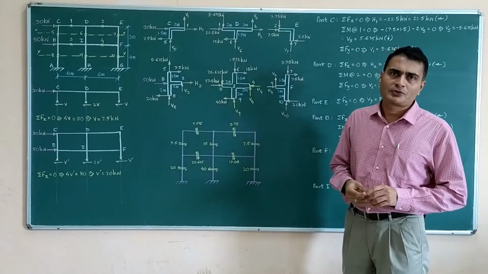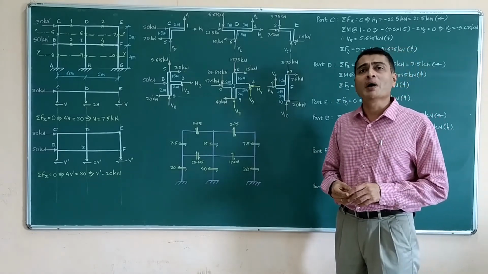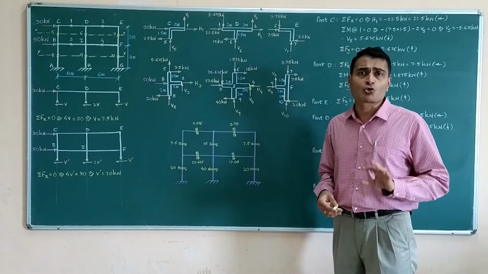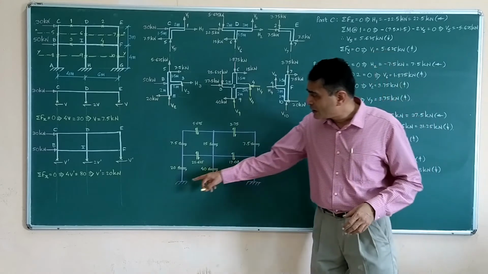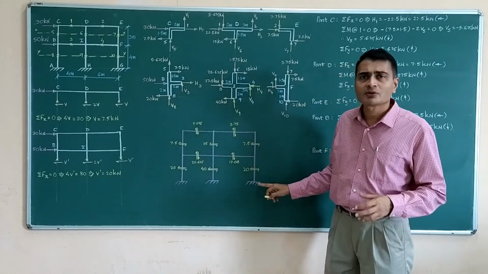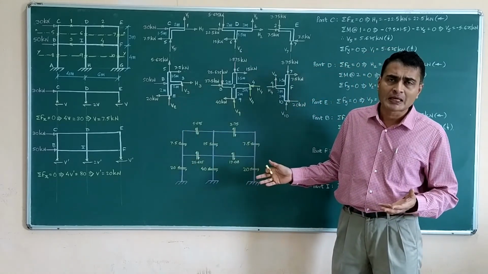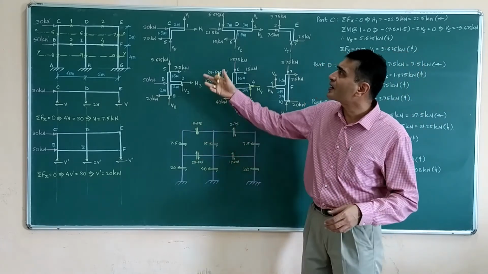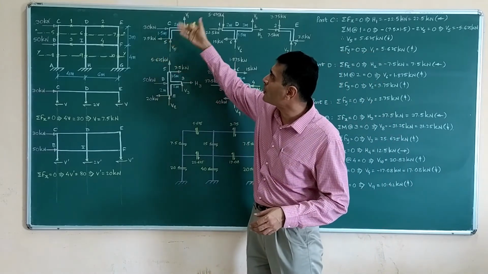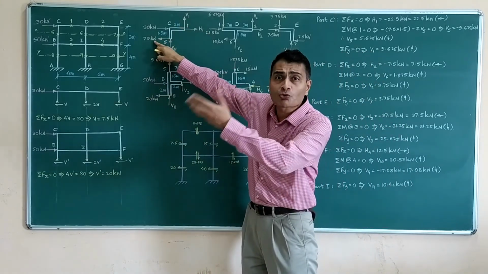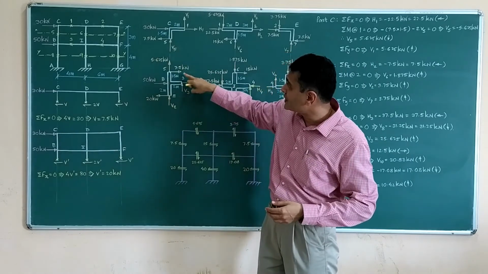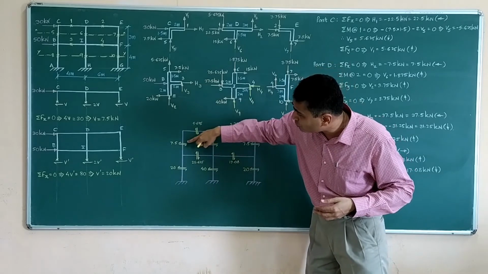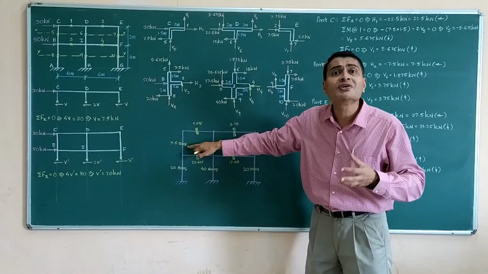To develop the moment diagram and to indicate shear forces and axial forces, I have just redrawn the given frame, and then at each point of contraflexure, for example, for the upper portion the shear is 7.5 leftwards, for the lower portion it is 7.5 rightwards. So here I have shown leftwards above, rightwards below, 7.5.